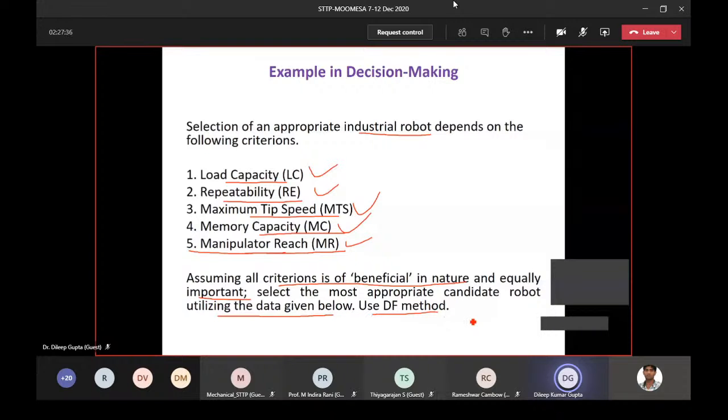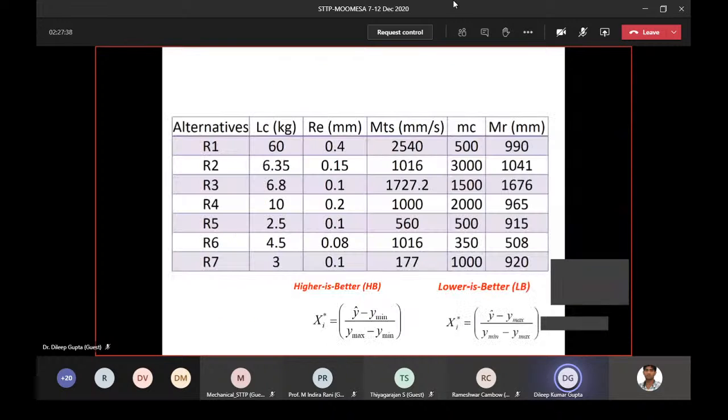The data are given here. This is the decision matrix for the selection criteria for selecting an appropriate robot. We have 7 robots over here. So robot R1 has a load capacity of 60 kg. The value of repeatability is 0.5, 0.4.